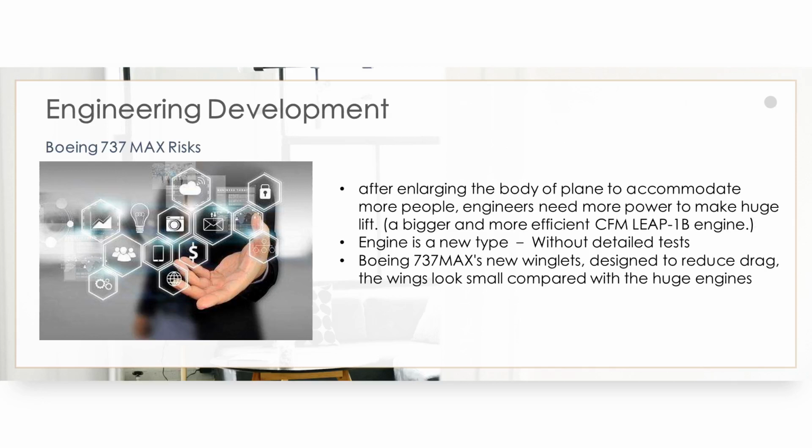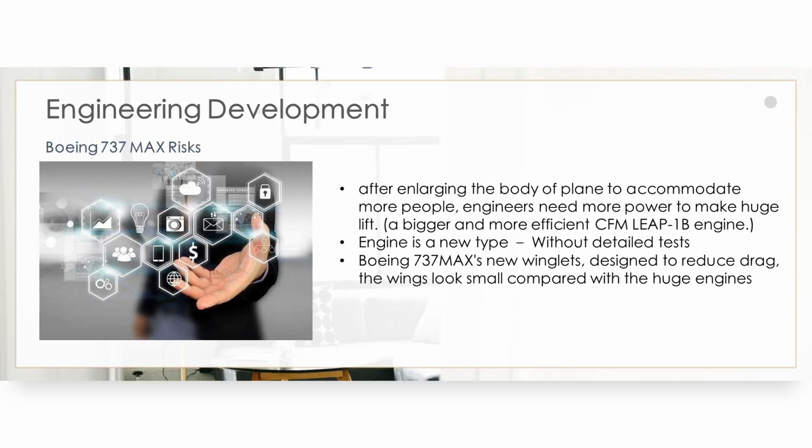It's a really new type of engine, and in the results, we can see that it's very good. It saves a lot of fuel and it can give more efficient lift. But for a new type, it is without detailed test.